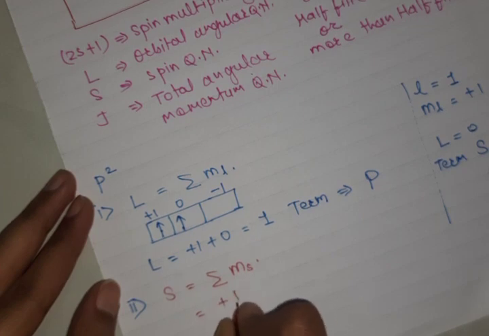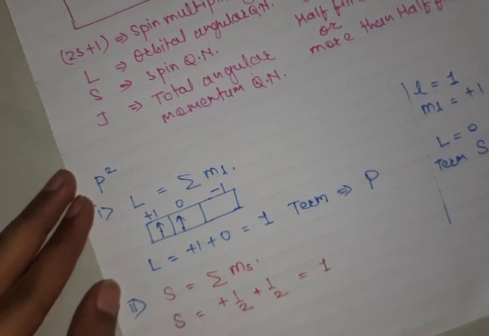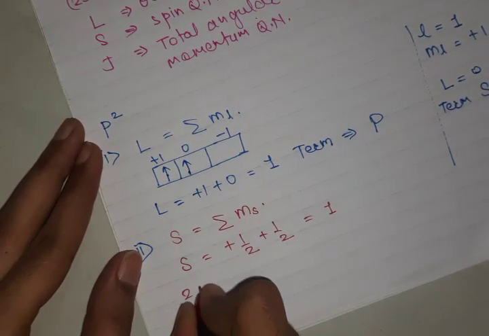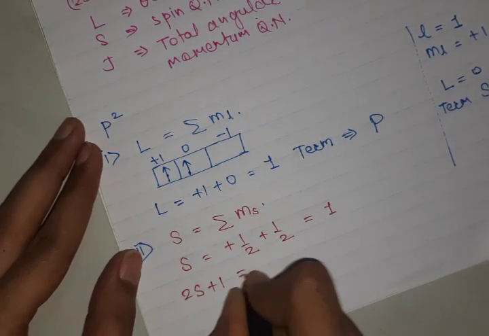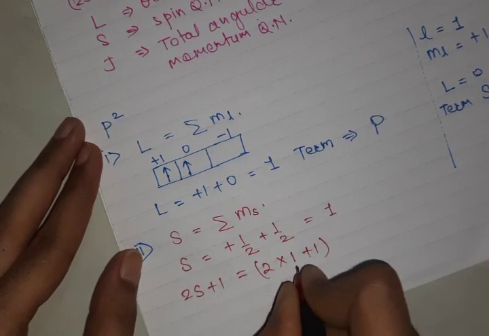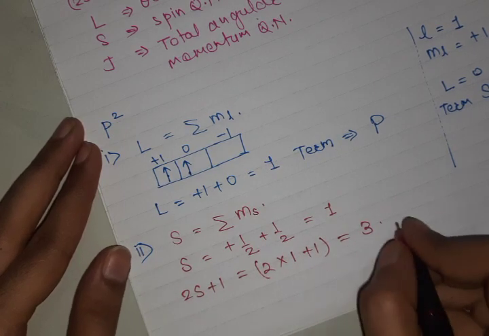For one electron it is plus 1 by 2, and for the second electron it is plus 1 by 2. So the answer is 1. Capital S is equal to 1. So 2S plus 1 is 2 into 1 plus 1, which is 3. So the answer is 3.